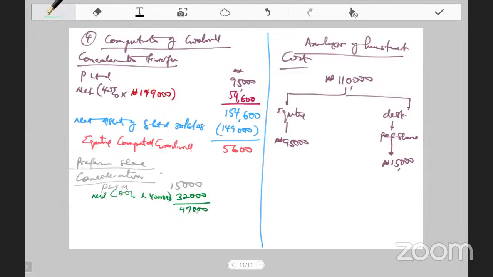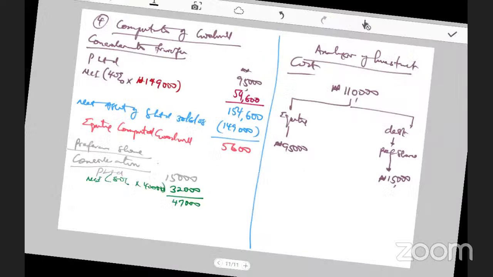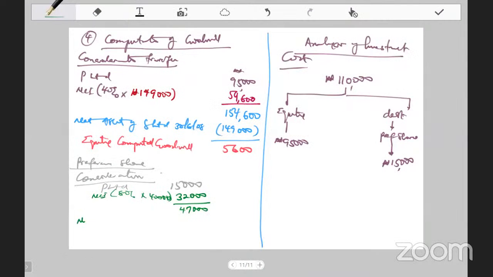Now, what is the net asset of the preference shares? It's 40,000. So that's what was born. So class, how much is now the goodwill?